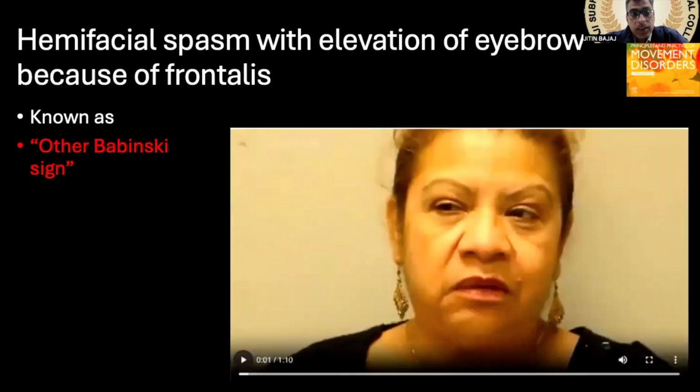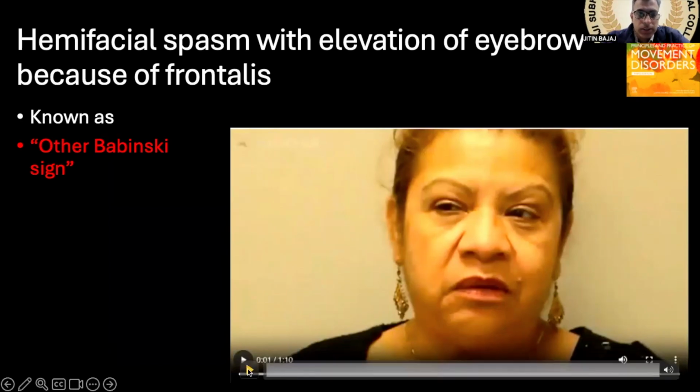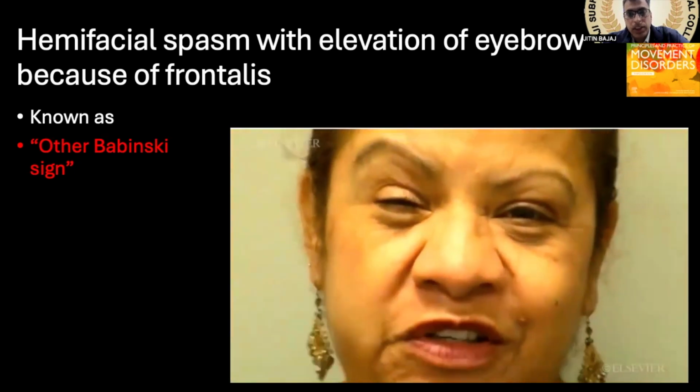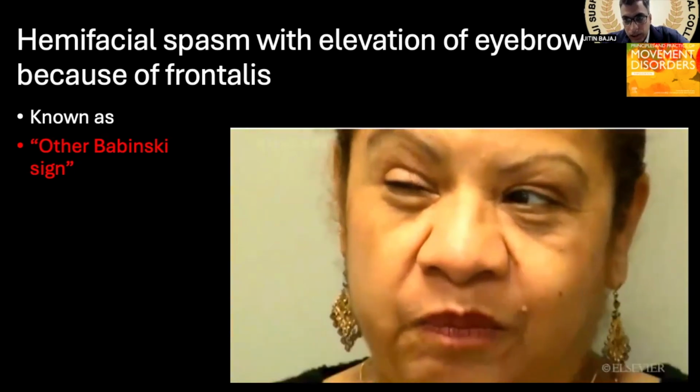The other characteristic sign is the other Babinski sign, in which there is elevation of the eyebrow. Like the normal Babinski sign, which is the extensor plantar response of the foot, here the eyebrow is elevated. This is known as the other Babinski sign, and it is also characteristic of hemifacial spasm in comparison with blepharospasm. In blepharospasm, the eyebrow goes down.